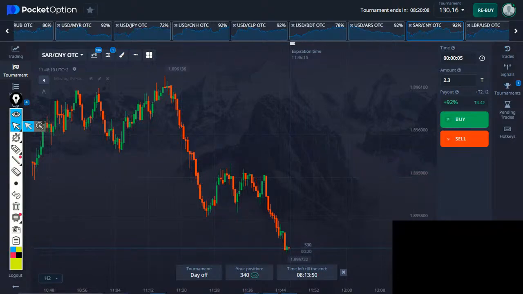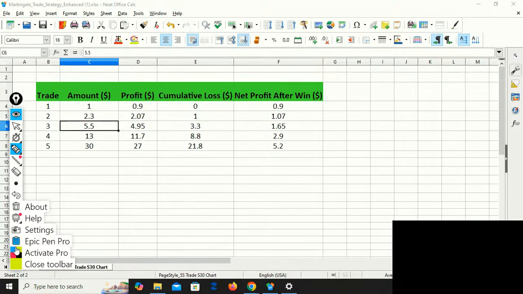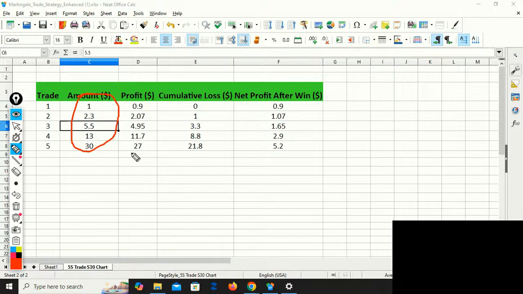You should always have an Excel sheet by your side. Set your amounts in place so you always have your proper amounts. You know what the next amount is going to be, and try to do some sort of calculation so you know after each winning trade how much you will be net in profit and if you are going to recover the past losing trades or not.